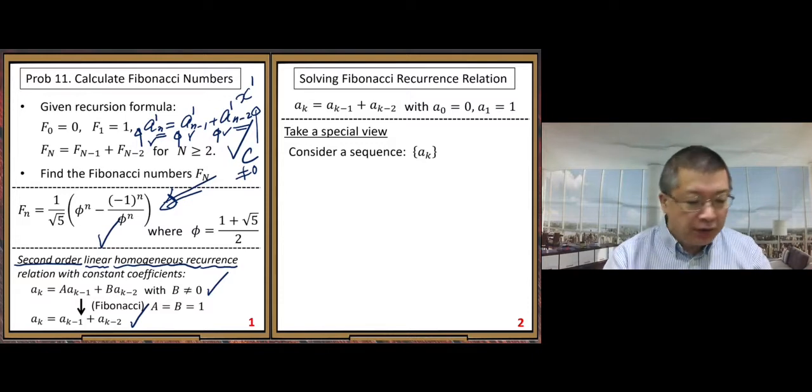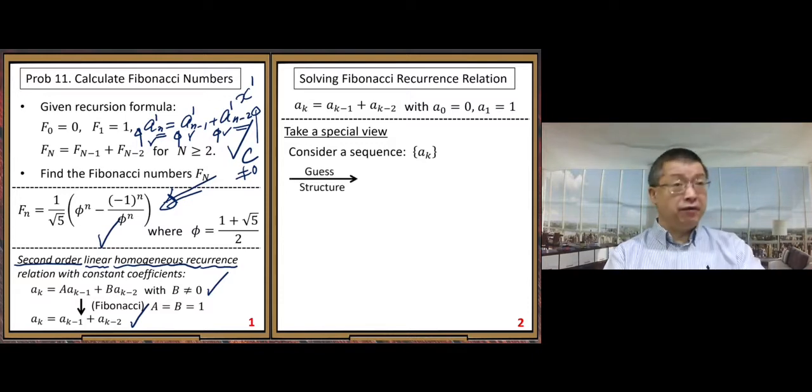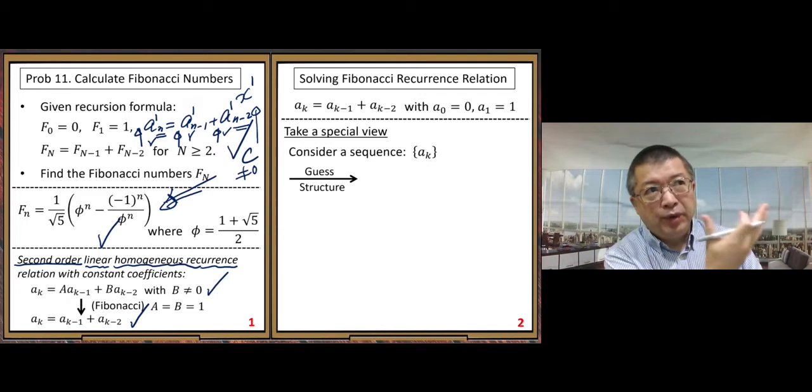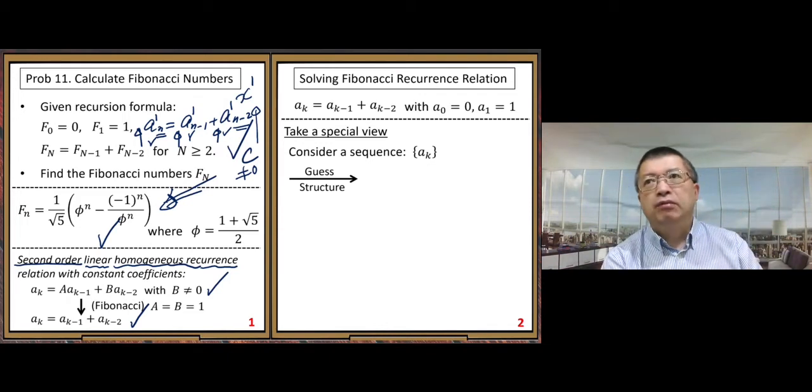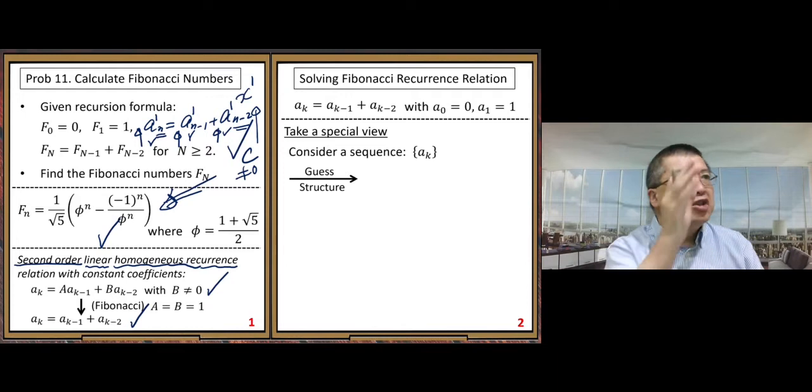So how do you get that kind of guess, the structure guess? Here, I may bring up our old example, the Tower of Hanoi problem. Remember, we have a simple recurrence relation there.